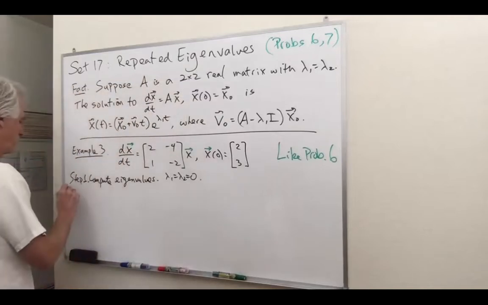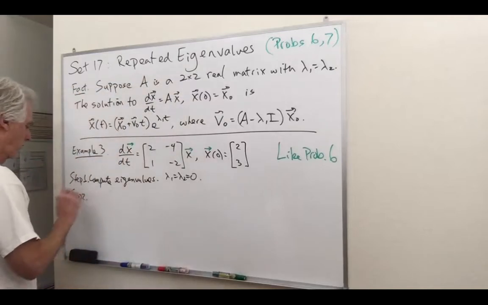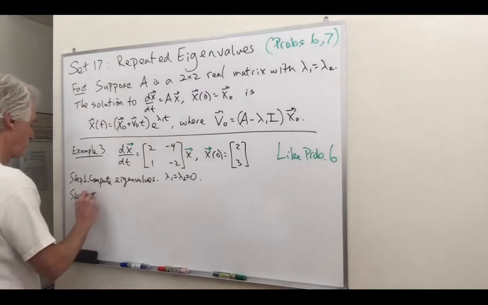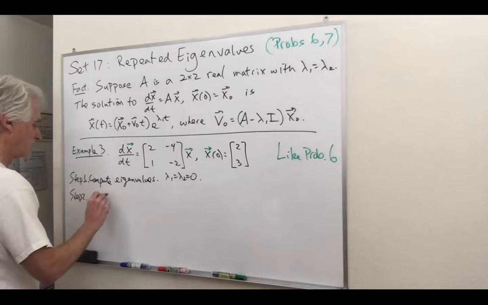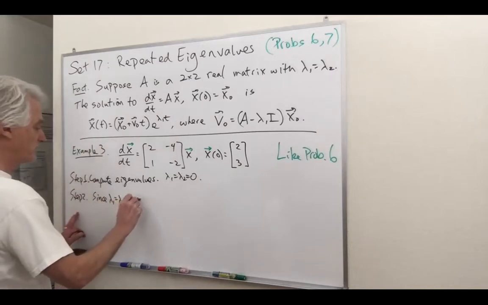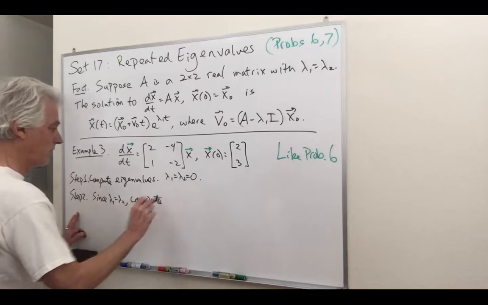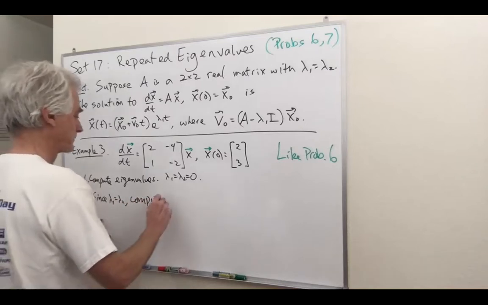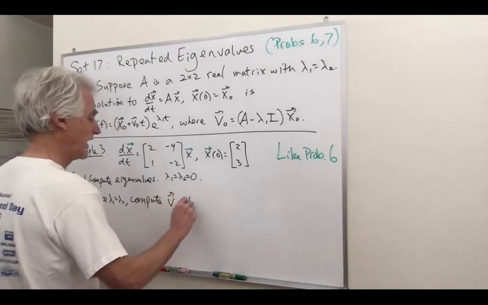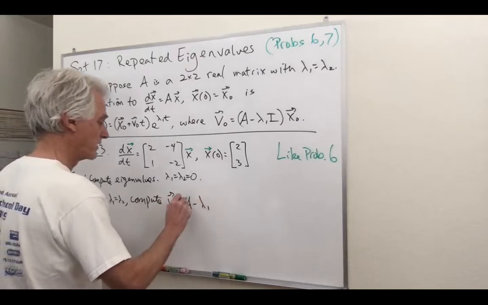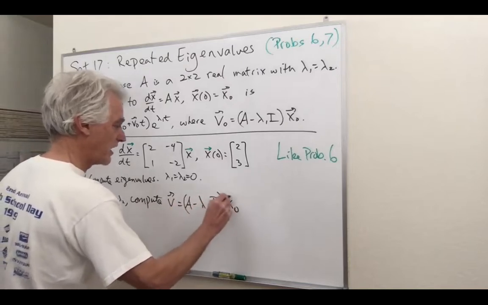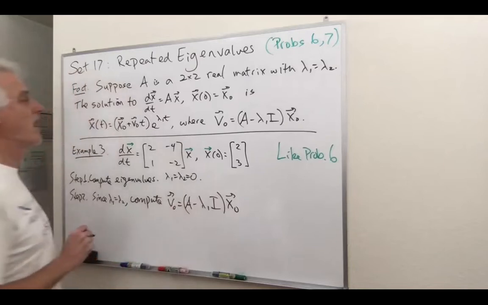So step 2: since lambda 1 equals lambda 2, we're going to compute this v, which is equal to A minus lambda 1 I times x naught, and that's actually v naught.